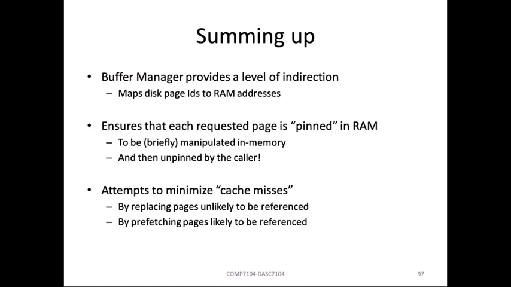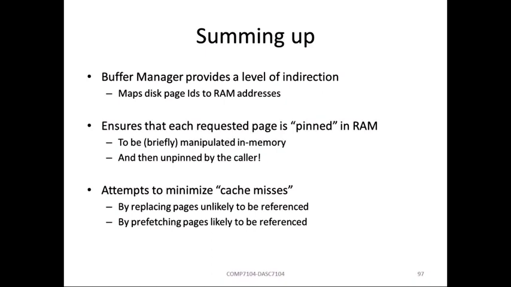And one of the main objectives of the buffer manager will be to minimize cache misses, to minimize the probability that the page being requested by the levels above is not in main memory already at the moment of the request.